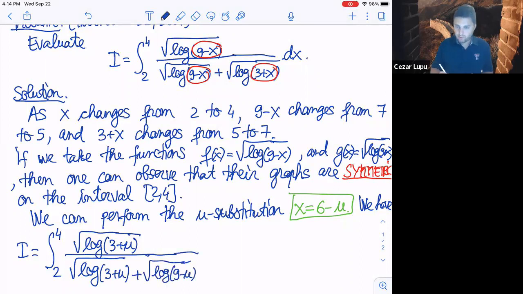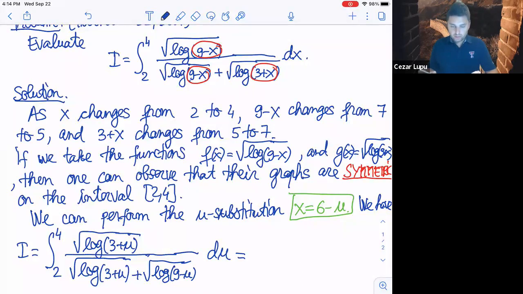Now let's be careful here, du. We'll have a minus sign. It should have been the integral from 4 to 2, but here we have a negative du, so we put that outside and swap the bounds. I jumped this step, but I'm pretty sure you guys can see this. All right, so I have this integral.